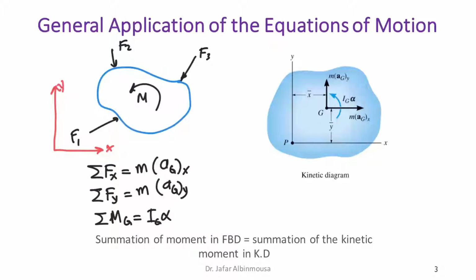Now, what is interesting and probably new to you is that we can sum all the moment at a given point, and let's assume that this point is point P, and equate it with the sum of all kinetic moment about P. So what is this kinetic moment? I'm going to describe it and discuss it in the next slide. But basically, just remember that the summation of moment in the free body diagram is equal to the summation of kinetic moment in the kinetic diagram.